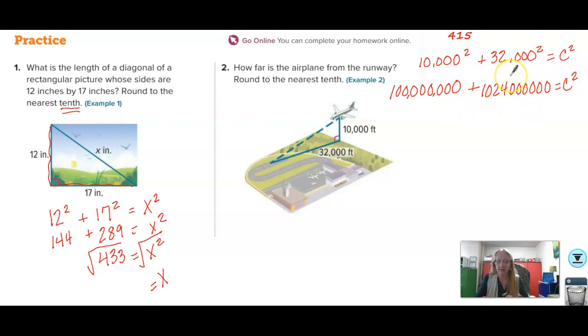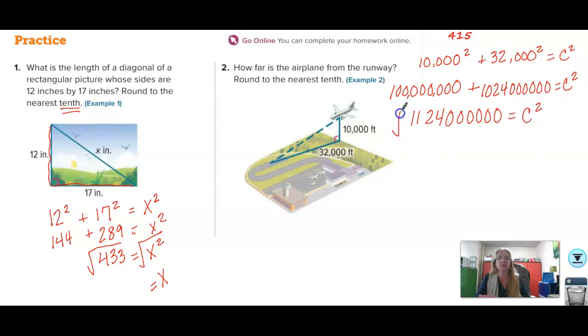And you have to add these two together, and I said that was 8 zeros. When we add these together, we get 1,124 and 6 zeros.